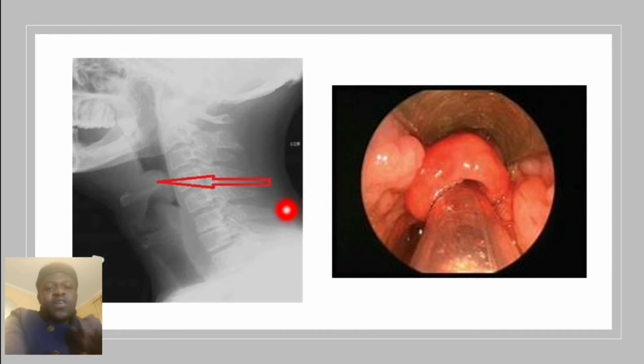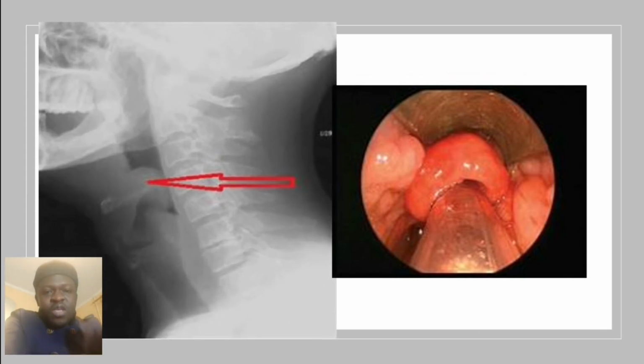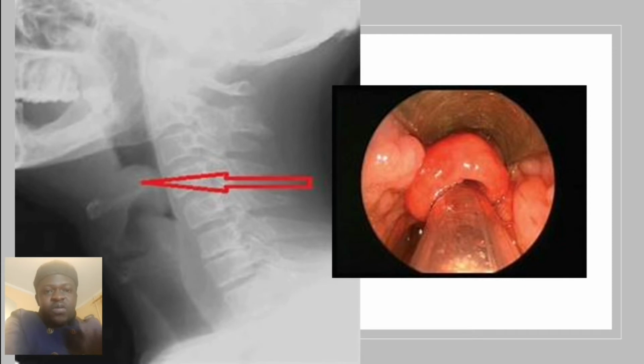This is an X-ray. So in X-ray, this acute epiglottitis caused by H flu has a specific feature, right? It's known as a thumb sign. You can see here where the arrow is. It's called a thumb sign, right?